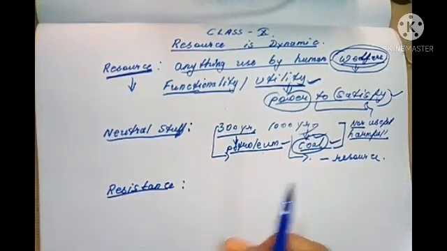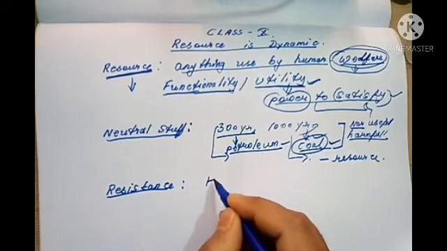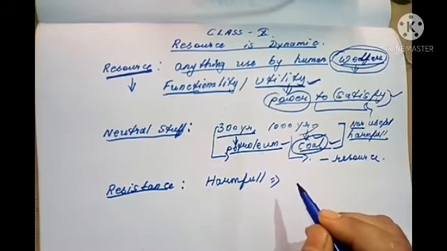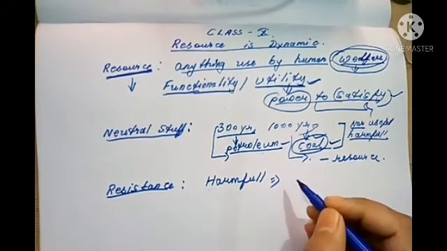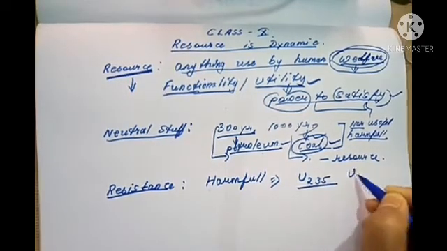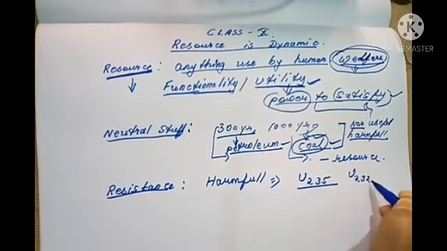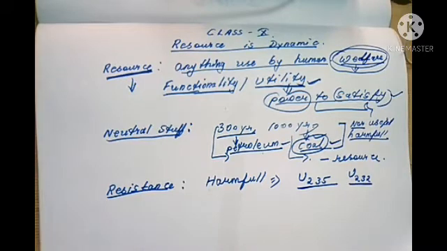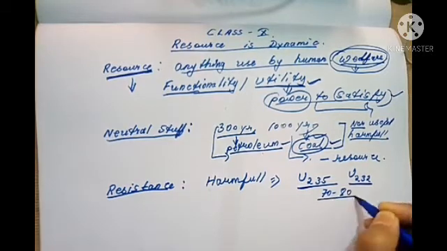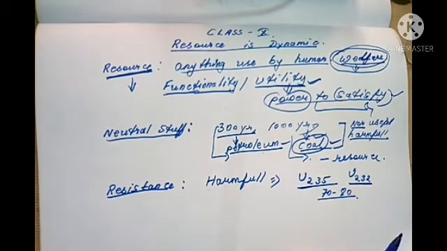Similarly, a resistance is a thing which is harmful to human beings. Let's discuss what kinds of things are harmful. Radioactive elements, such as uranium, were used about 70 to 80 years back for destruction.